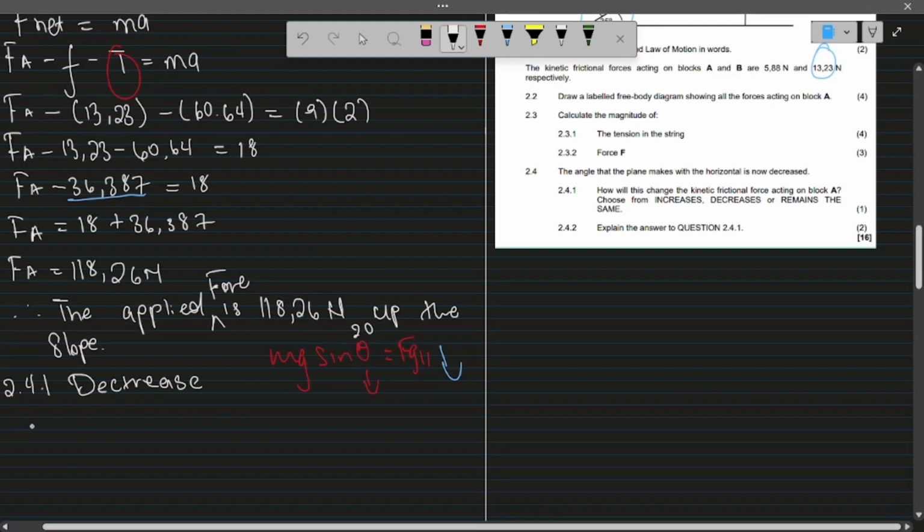Let's do 2.4.2. It says explain why. You can just say what I've just discussed.